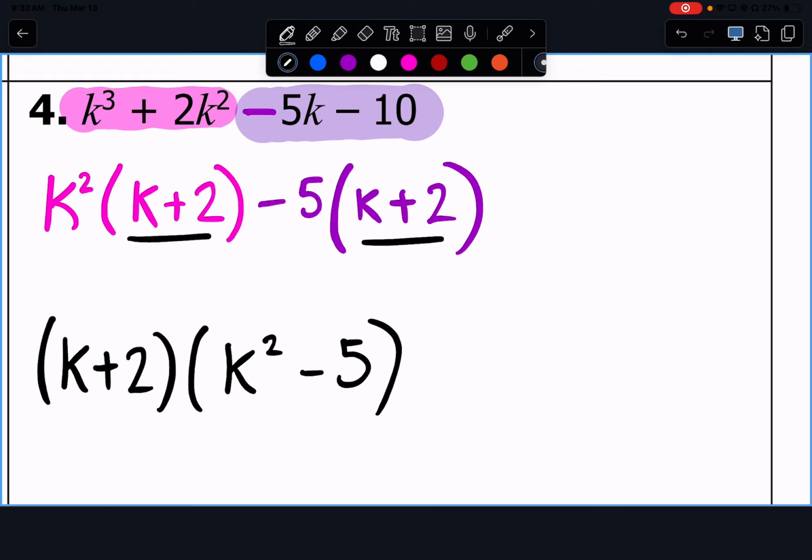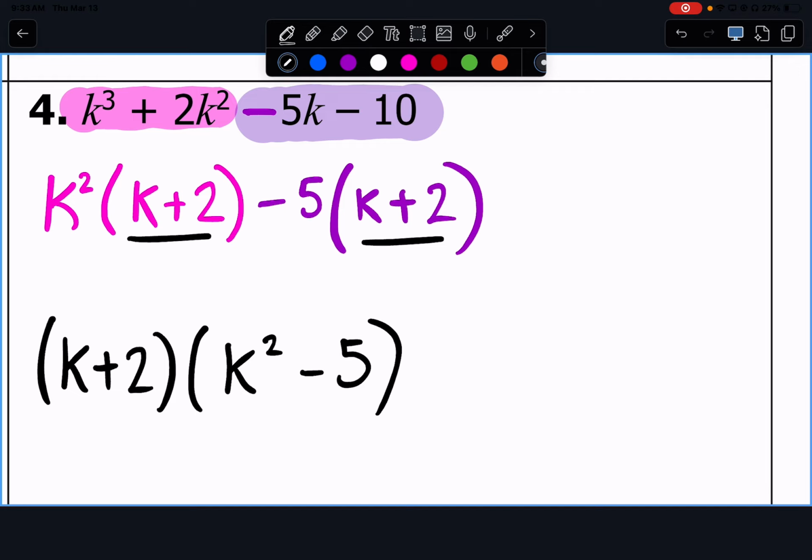All right. Is this what y'all got for number 4? You just write it. So instead of writing it from here to exponents, you go from exponents to here.